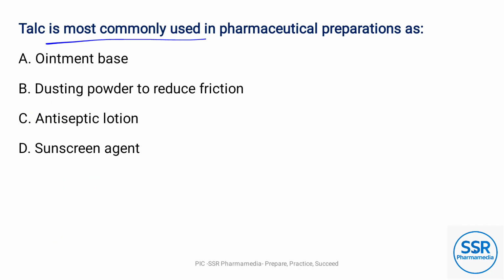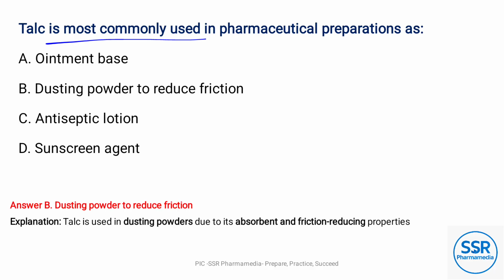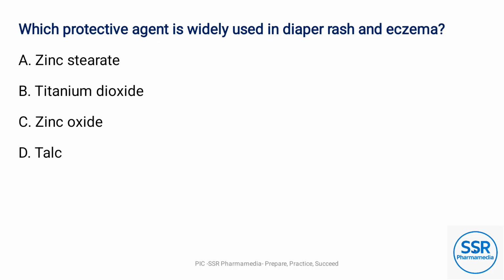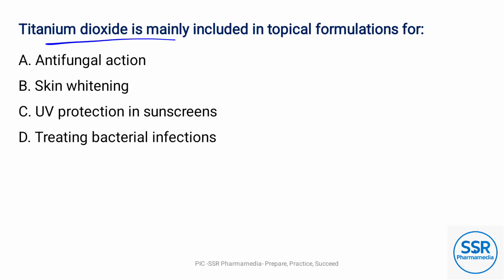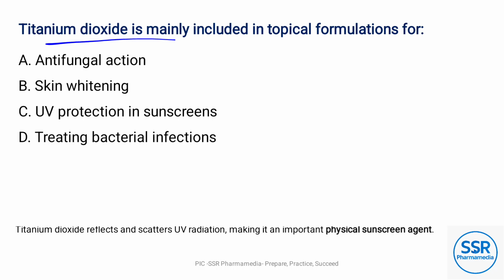Talc is most commonly used in pharmaceutical preparations as, option B, a dusting powder to reduce friction. Which protective agent is widely used in diaper rash and eczema? Option C, zinc oxide. Titanium dioxide is mainly included in topical formulations for, option C, UV protection in sunscreens.